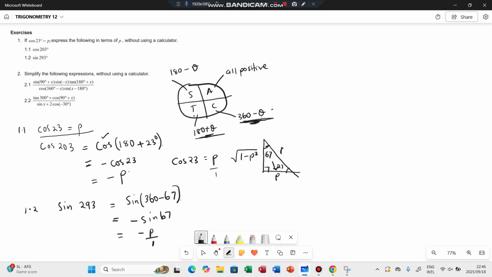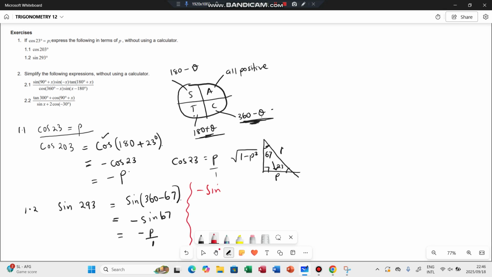Negative sine of 67 can also be negative sine of 90 minus 23, which gives us negative cos of 23.